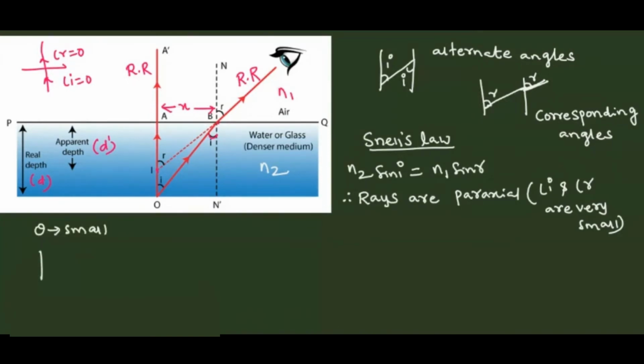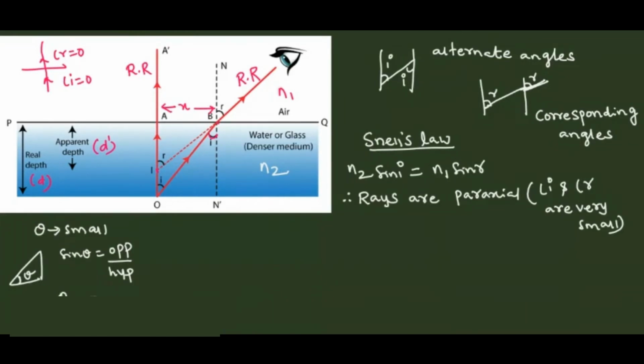You know very well. What is sine theta? Sine theta is equal to opposite by hypotenuse, or not? Yes or no? If theta is very, very small, then theta is nearly equal to 0.